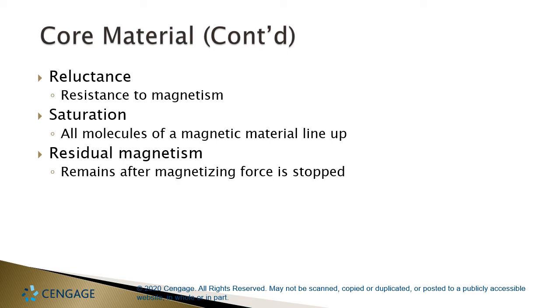Other terms used to describe the core material include reluctance, saturation, and residual magnetism. Reluctance is essentially the opposite of permeability. Reluctance is the resistance to magnetism. And the fact is, materials that have a low permeability have a high reluctance.